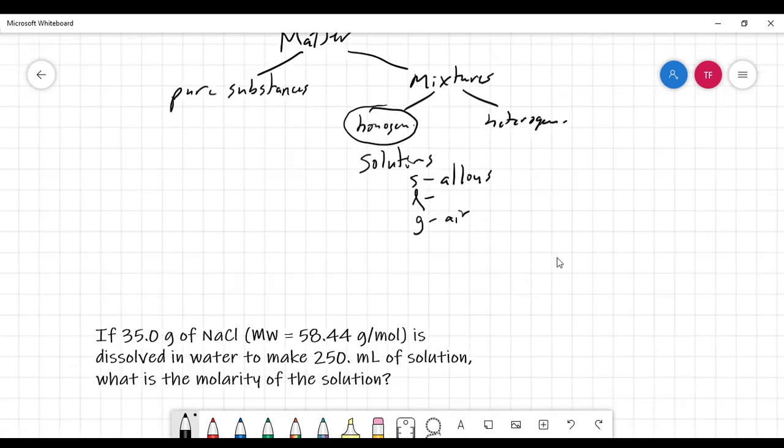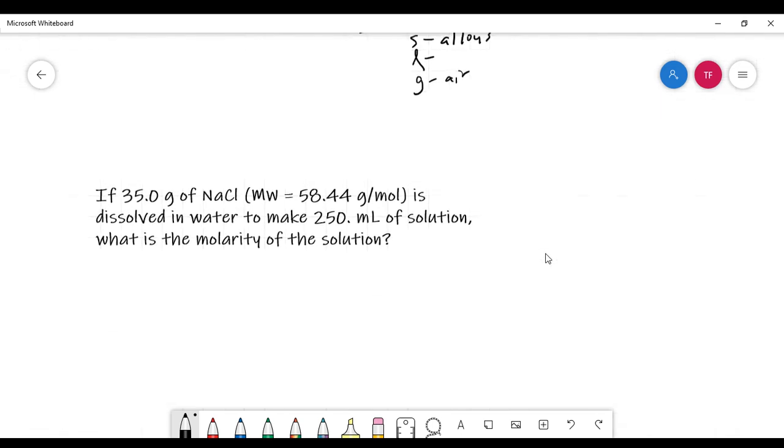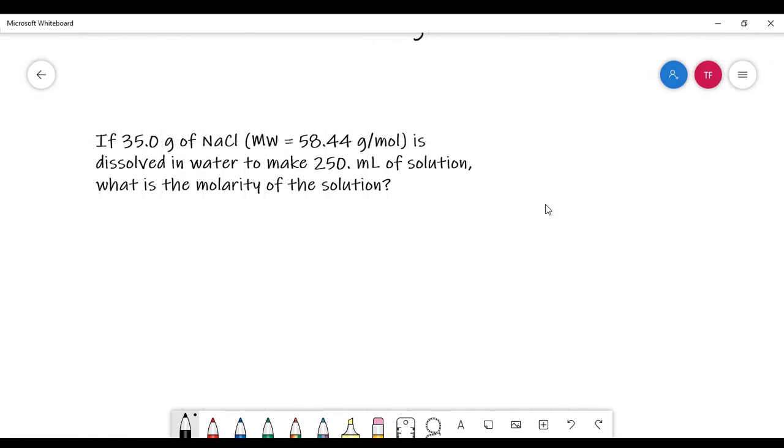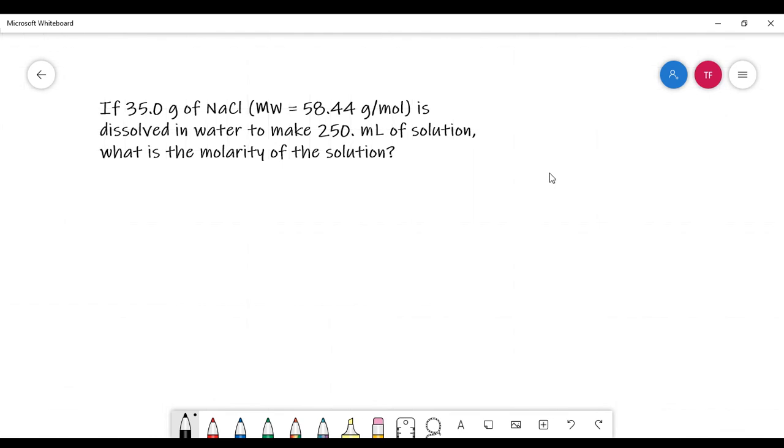So we're going to talk about one unit of concentration of solutions that we've used throughout the year, and that's molarity. If you recall, molarity is given the symbol capital M, and molarity of a solution is equal to the moles of the solute divided by the liters of the solution.